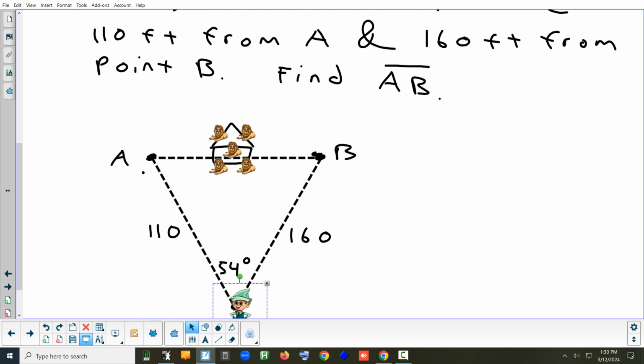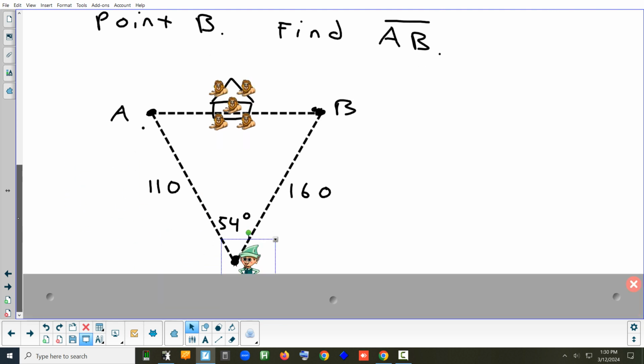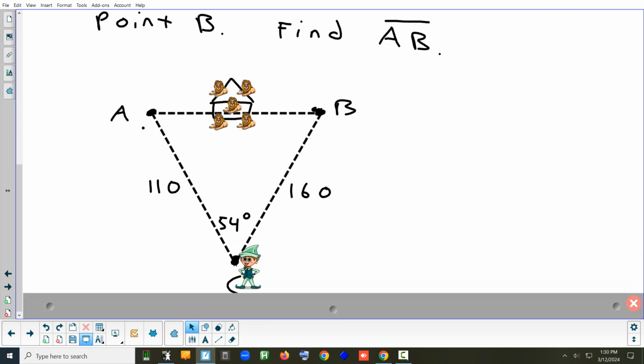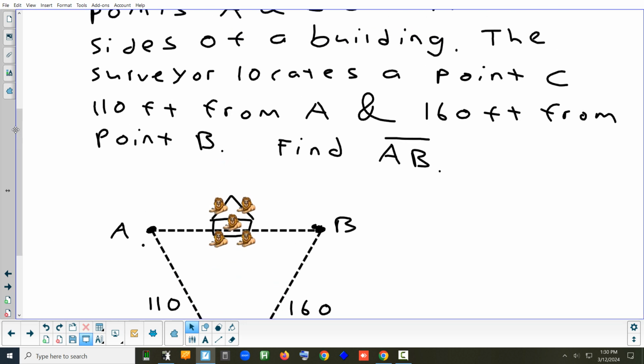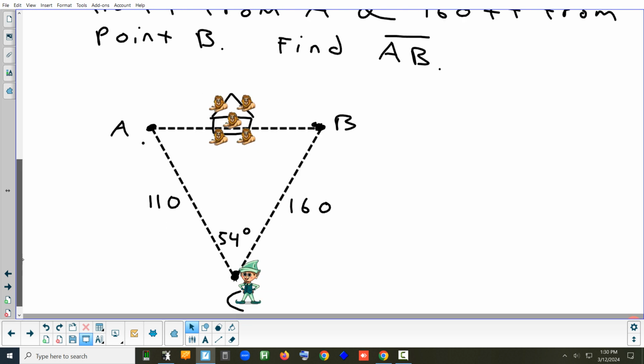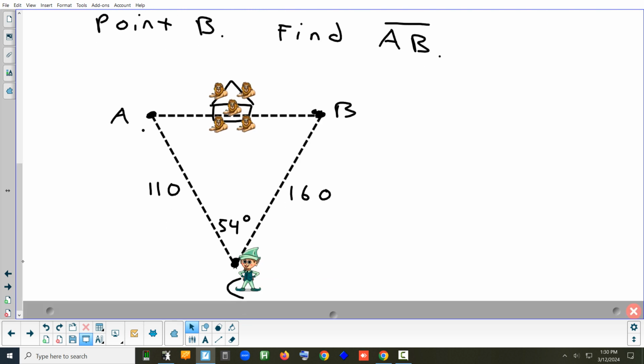So we've got our surveyor right there. And the goal is to figure out the distance between points A and B in that triangle. They've given you exactly the information you need for a side-angle-side triangle.